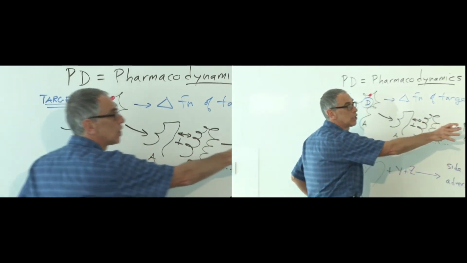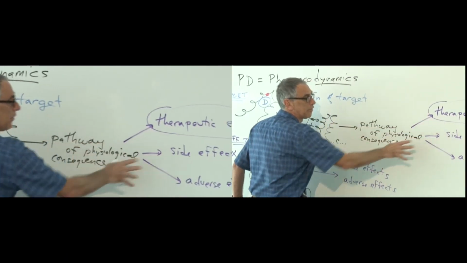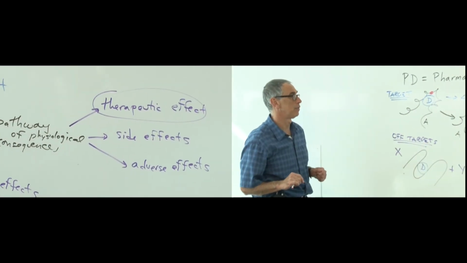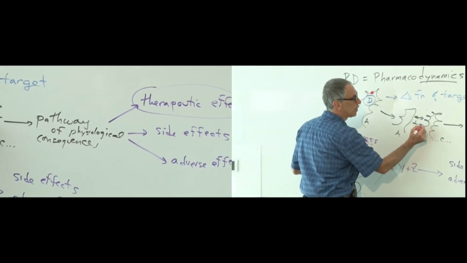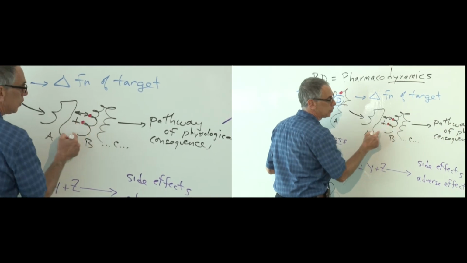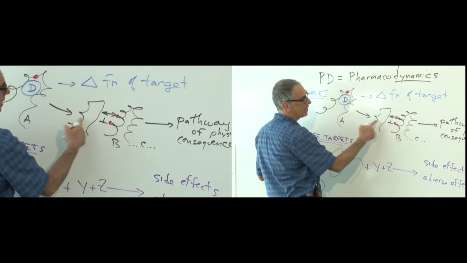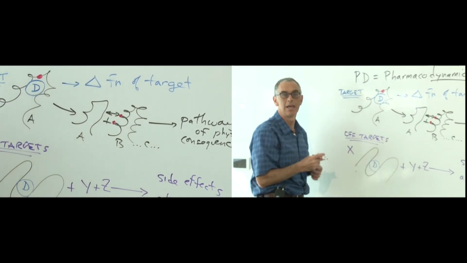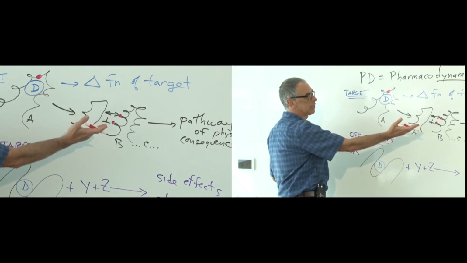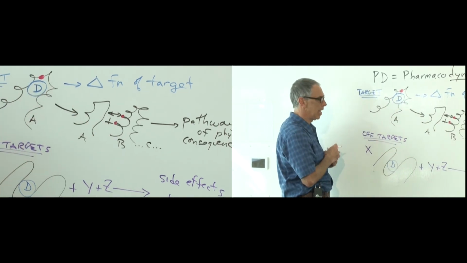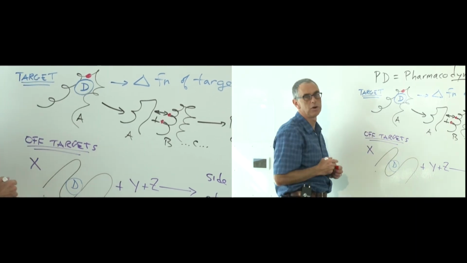It could even change the balance between therapeutic effects and side effects or adverse effects. Similarly, there might be a mutation in B. There's 2 mutations in B that affect its ability to interact with A. That could change the response of the physiological system to the binding of D to A. And then, of course, the same arguments for off-targets.